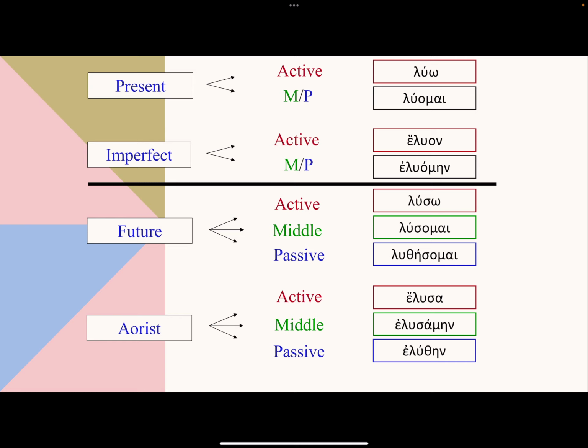The future and the aorist focus on an external aspect, a perfected aspect. And so for the future, it's I will untie. I can look at it as a completed task, or I will build this skyscraper and I can look and see it completed. The aorist also uses that perfective aspect.